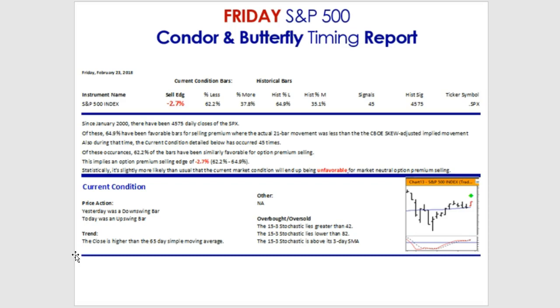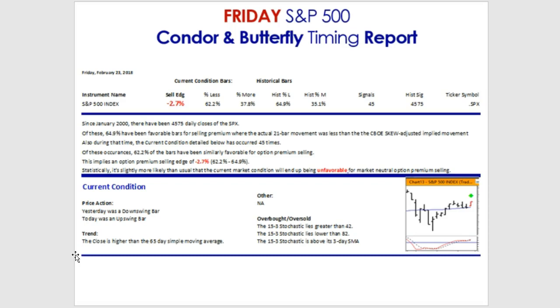So once again, almost 2/3, 64.9% of the time, you have a situation where the ensuing movement is not as much as what the VIX is implying. Keep that benchmark figure in mind because that's over the course of, since Jan of 2000.